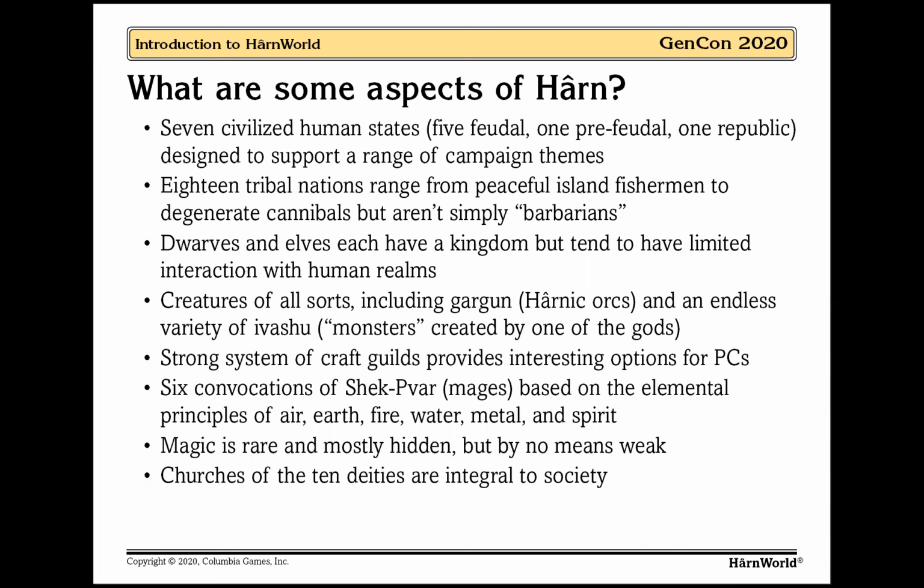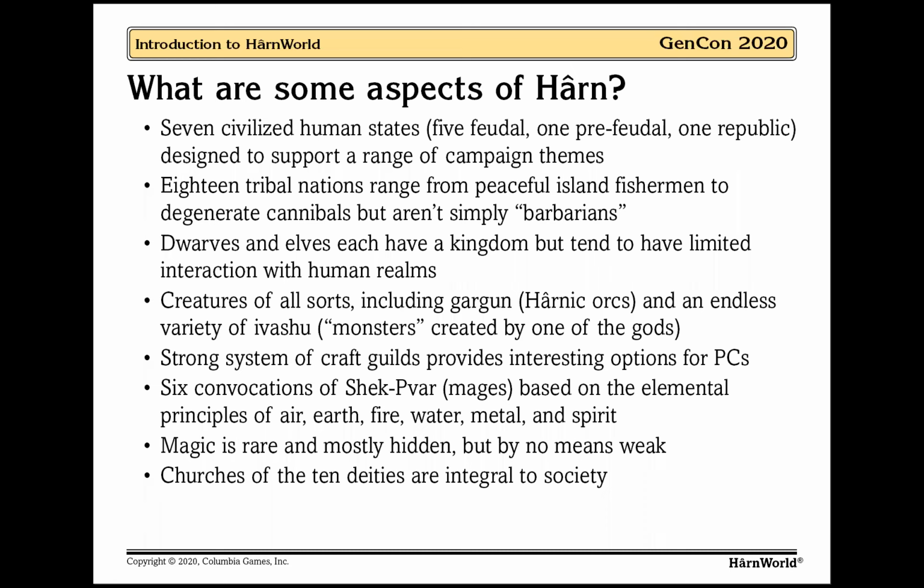Creatures, oh man. One of the gods of the Harnic pantheon is Ilvir, who is a sort of creator god, and one of his aspects is that he creates. He's an experimenter, a tinkerer, and so he'll create some new organism and just let it loose in the world, and so you have all sorts of weird monsters, some of which are completely unique, wandering around the island.